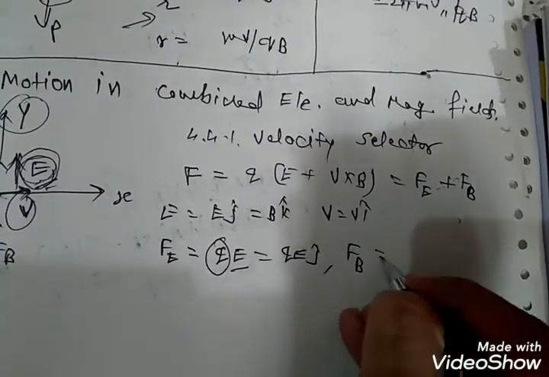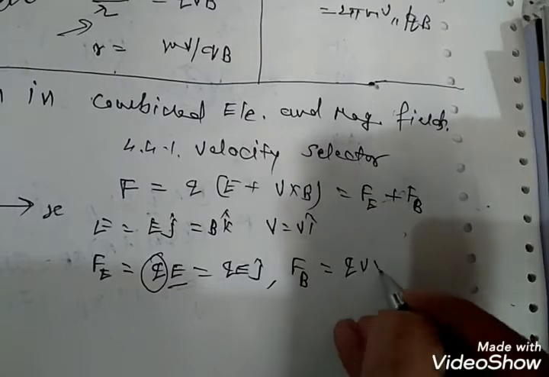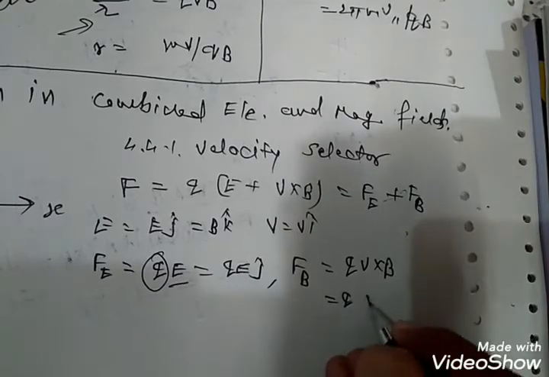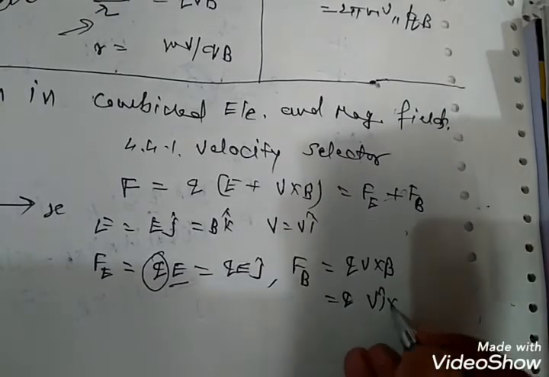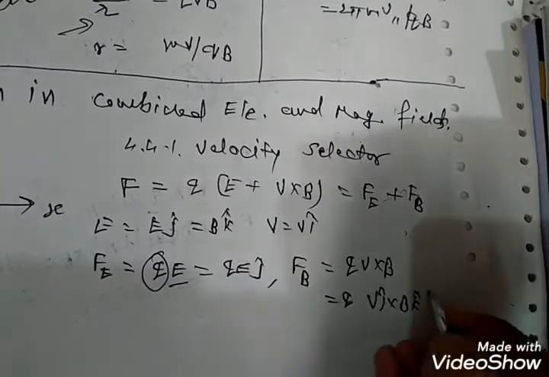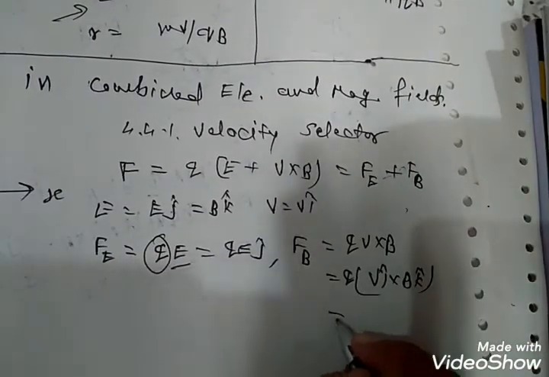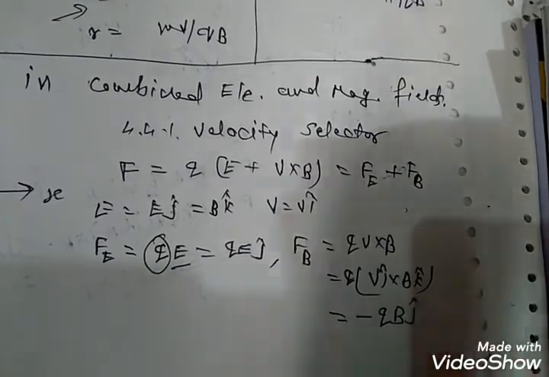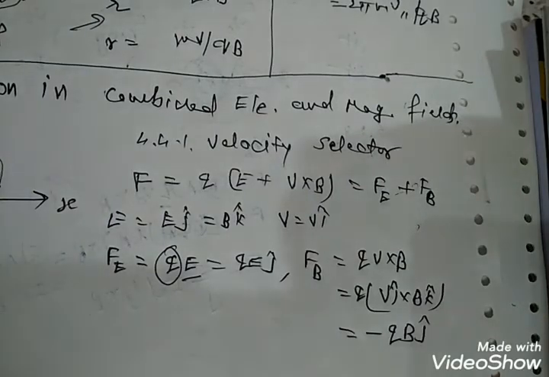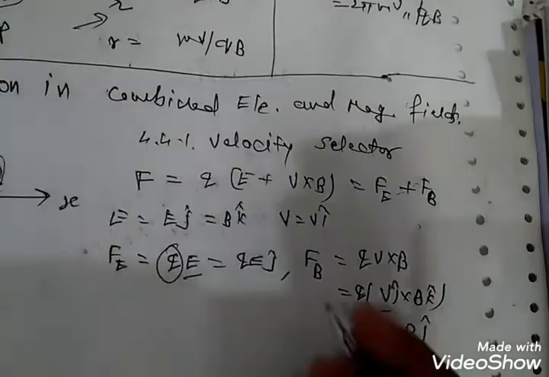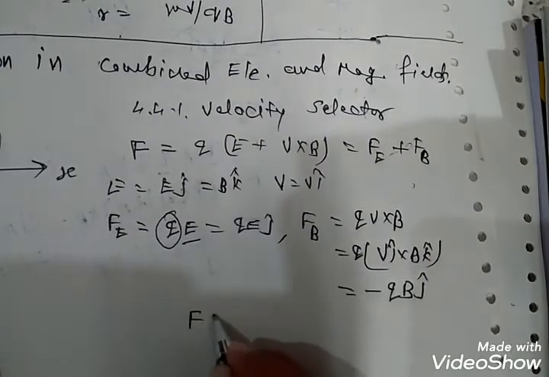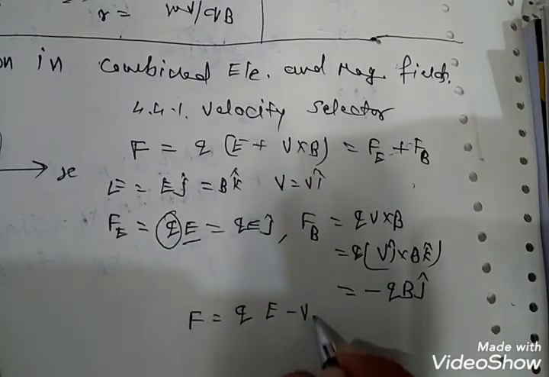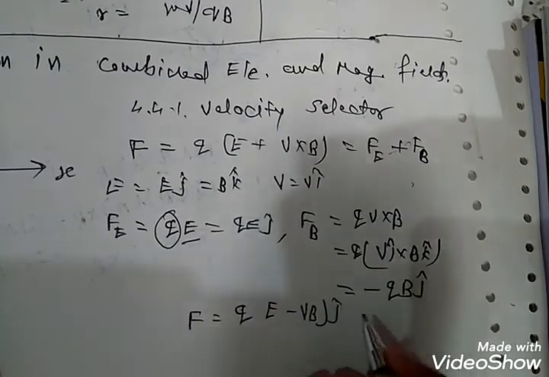Now for the magnetic field, the force is q v cross B. So we can write q v i cap cross B k cap, which is equal to minus q v B j cap. Therefore F is equal to q times E minus v B, j cap.